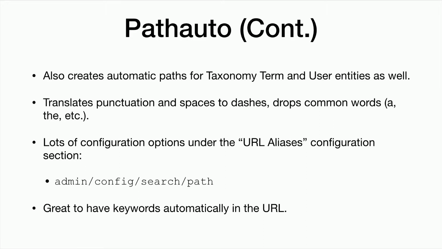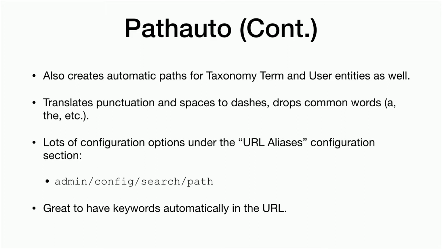Path Auto also creates automatic paths for taxonomy term pages and user entities. I think by default it's /user / the username instead of a user ID. Let's see.